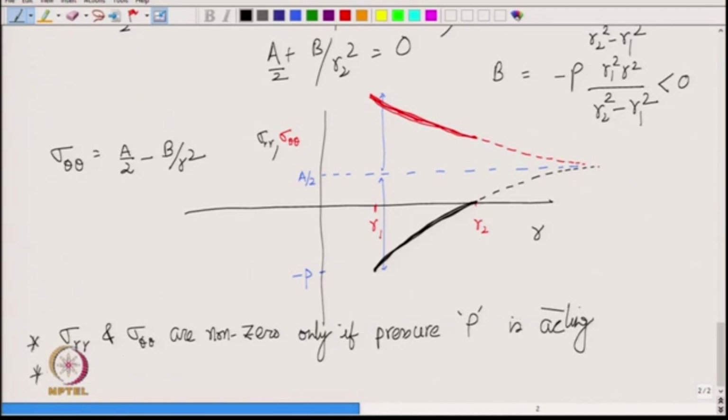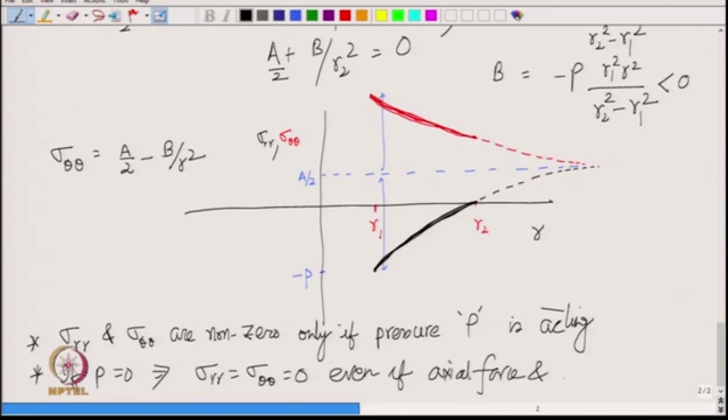Okay. If P equals 0, then sigma r r equal to sigma theta theta is equal to 0, even if axial force and twisting moment or torque are present.